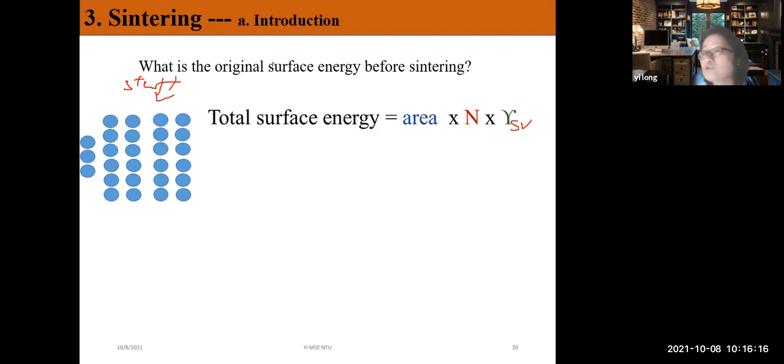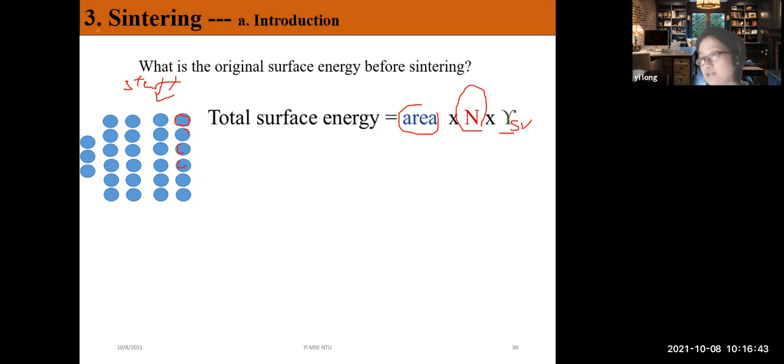So the total energy equals the area of one sphere times gamma SV, then times the number of particles, because we need to know how many particles there are in 1 mole. So you multiply by 2, 3, 4, up to n.